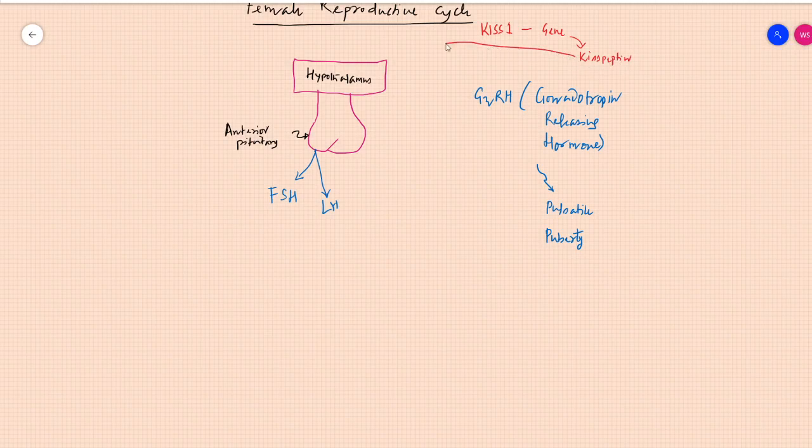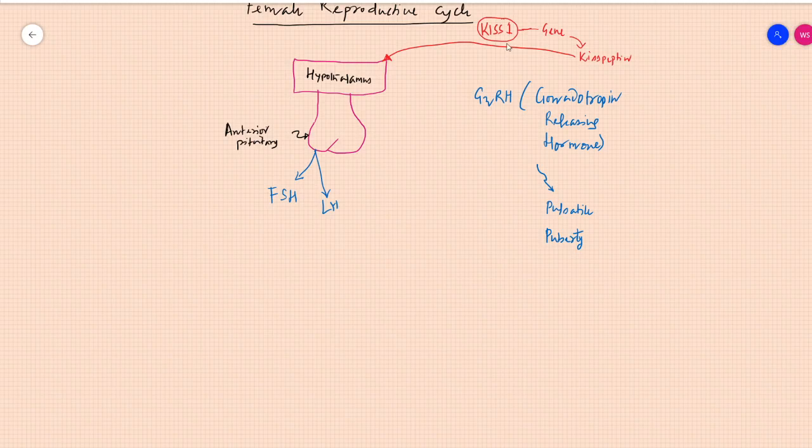So this kisspeptin is the stimulus for the hypothalamus to start producing GnRH. And so this kisspeptin is expressed at puberty. What exactly triggers the expression of the KISS1 gene is still being unraveled. Hopefully in some time we would have the full picture.